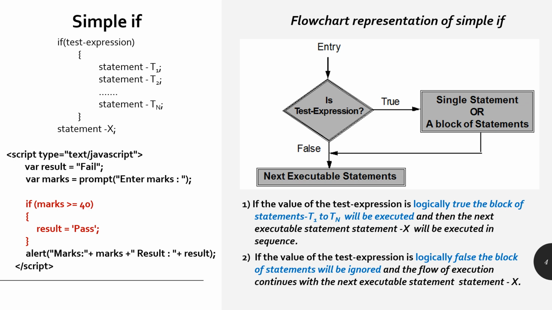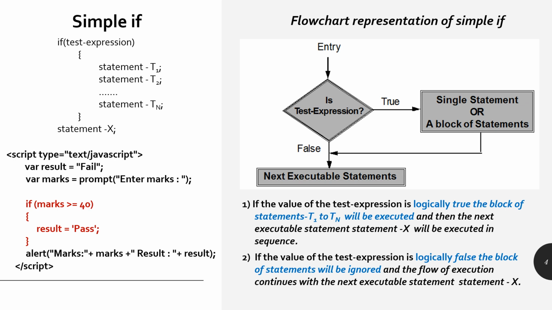When the given marks are greater than or equal to the reference marks, then the result will be modified to pass. Otherwise, the result will not be modified, meaning the result will be fail. If you didn't assign like that, we won't get the proper result. So initially we need to assign like this, then only this script will work properly.